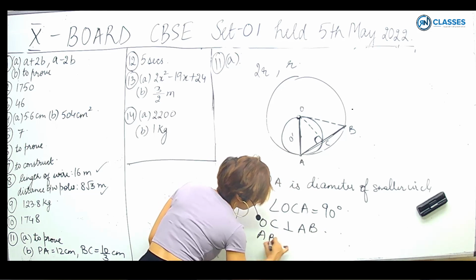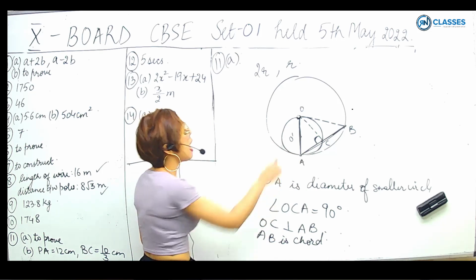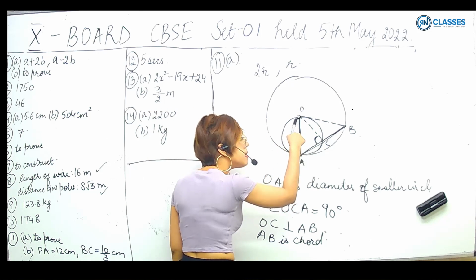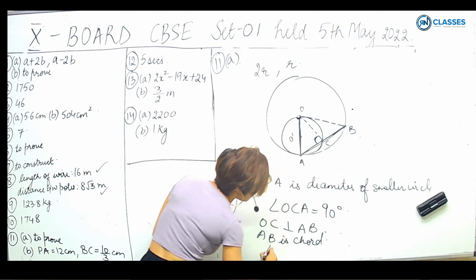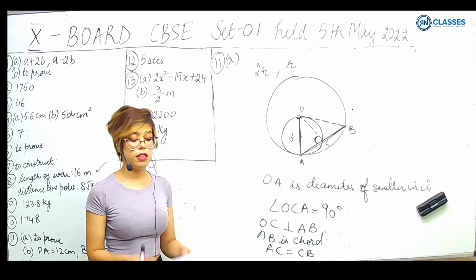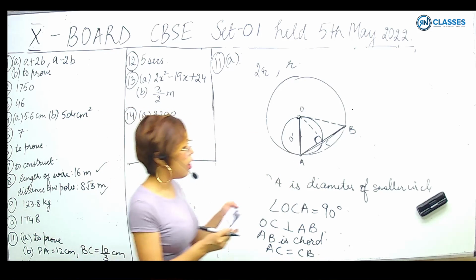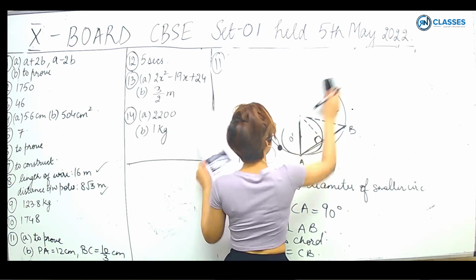AB is the chord. Since I am dropping a perpendicular from the center onto the chord, it will bisect the chord. That means AC will be equal to CB. Right? I think this is a very simple question. Okay, next. Let's move on to the OR part, which is the B one. Let's see.